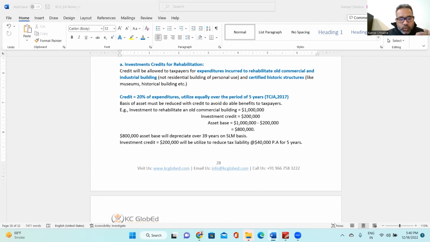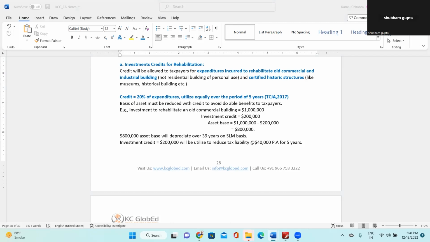First question: to what category of capital expenditure is this rehabilitation credit allowed?